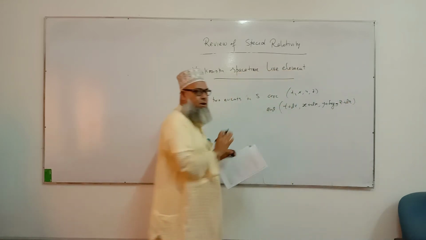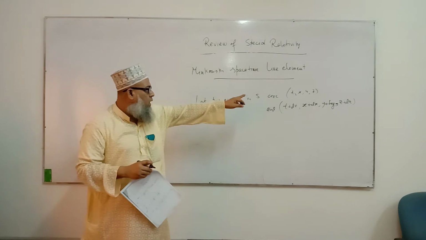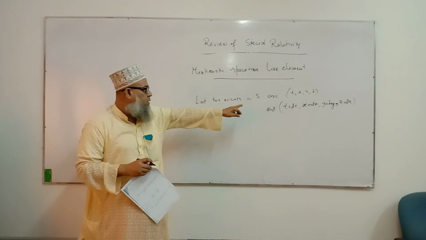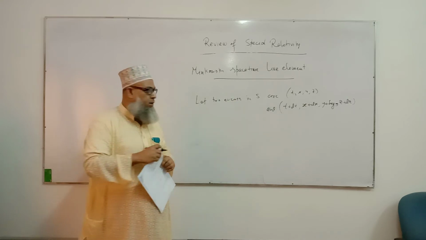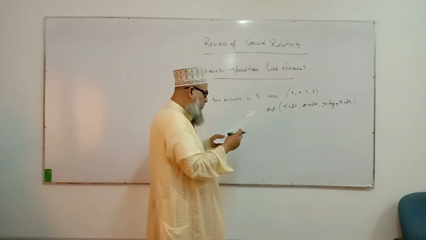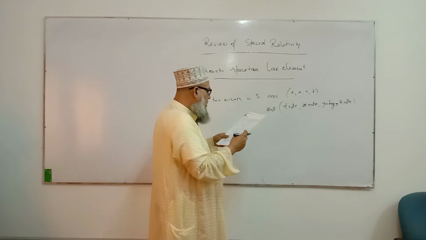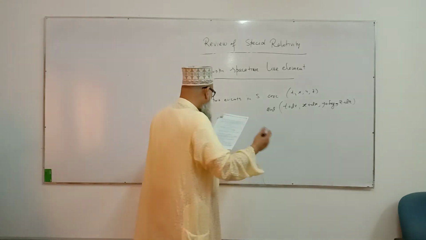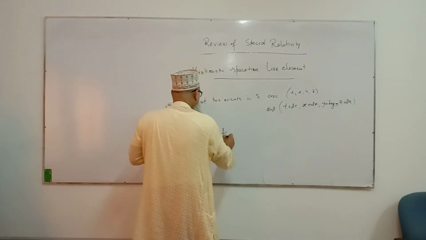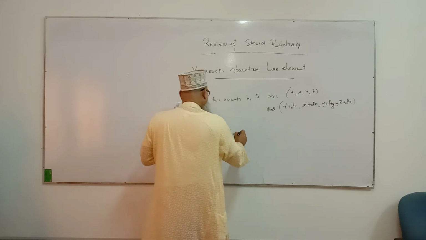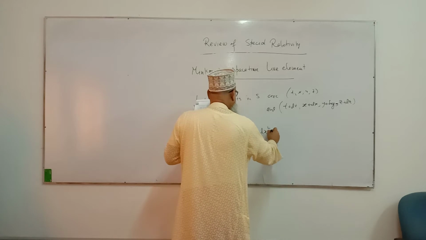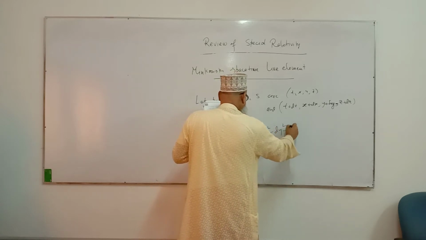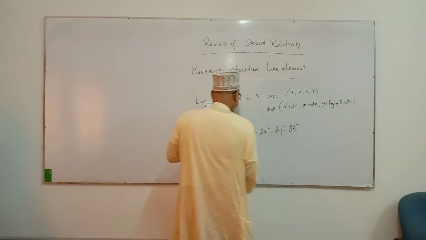These are the two events. One event is T, X, Y, Z. Another event is T plus dt, X plus dx, Y plus dy, Z plus dz. Then the interval or difference is given by ds square is c square dt square minus dx square minus dy square minus dz square.